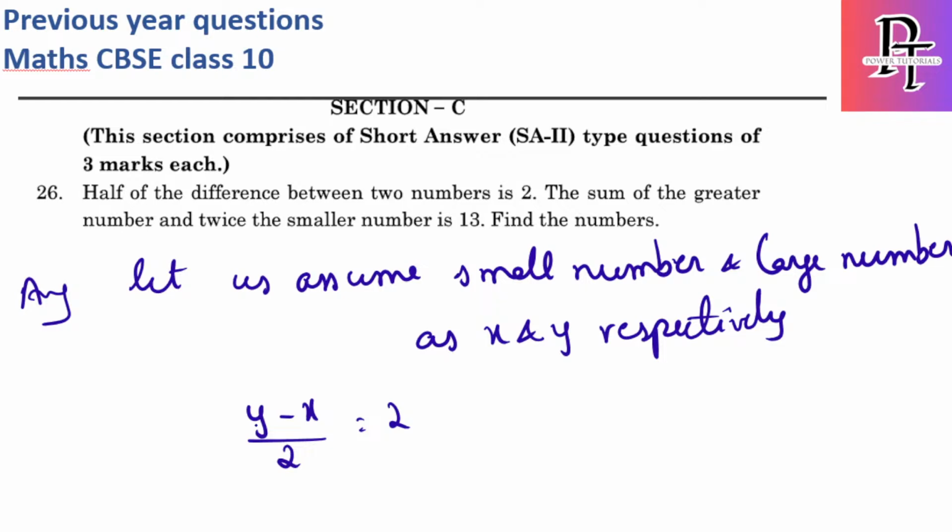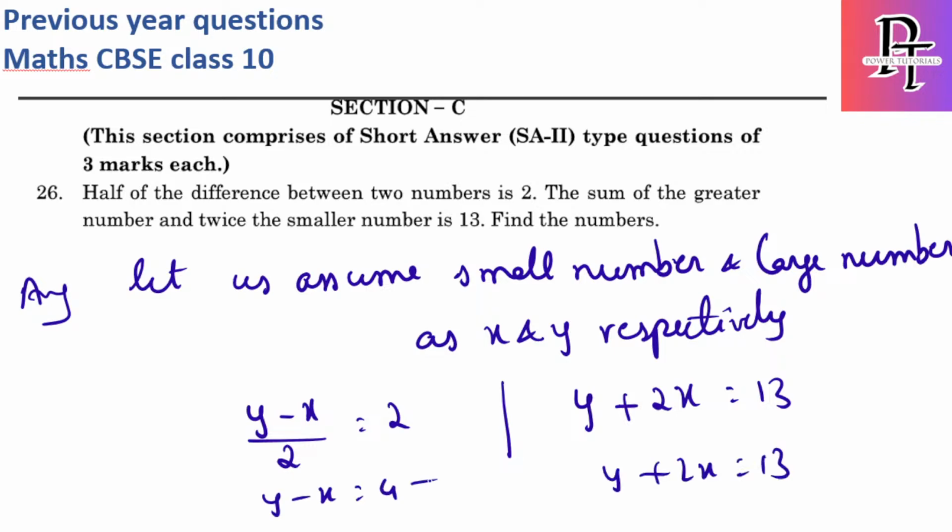Second condition, sum of the greater number, which is y, plus twice the smaller number, so 2 into the small number, is equal to 13. So we have two equations. First one is y minus x is equal to 4 and second y plus 2x is equal to 13. So simply subtract 1 minus 2.